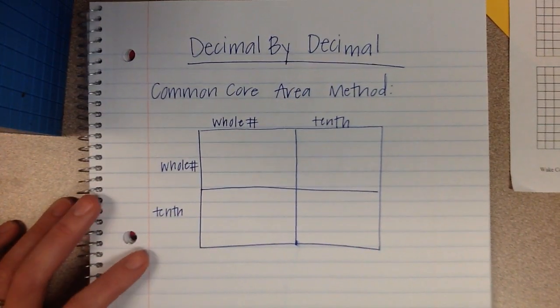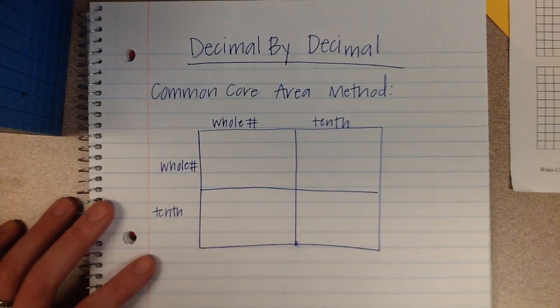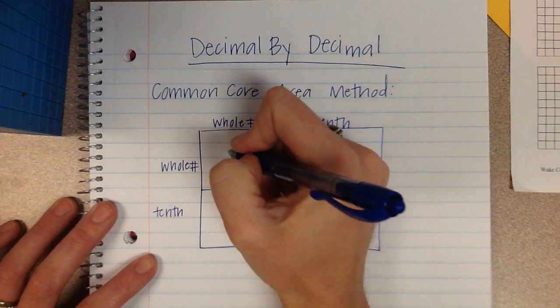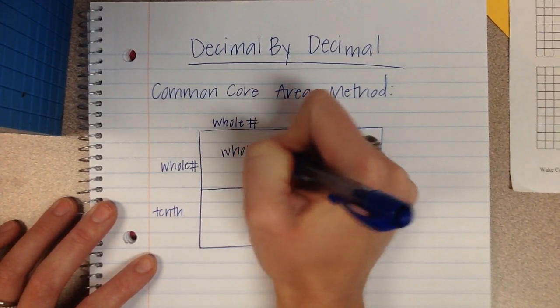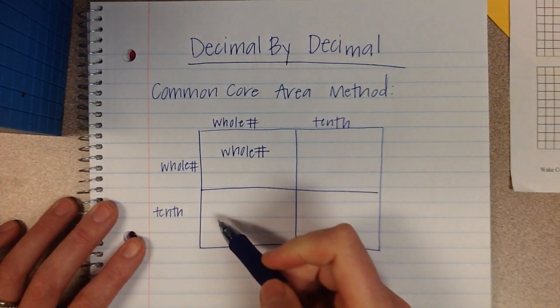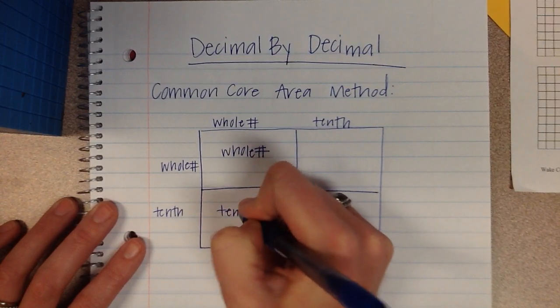This is kind of a clue of what you're going to get. If you multiply, we're going to talk about hypothetically. Hypothetically, if you multiply a whole number by a whole number, you're going to get a whole number. If you multiply a whole number by a tenth, your answer is going to be in a tenth.